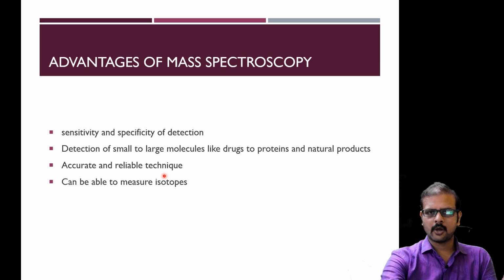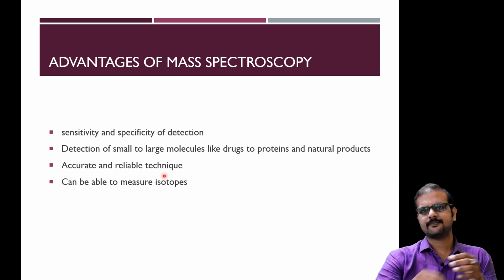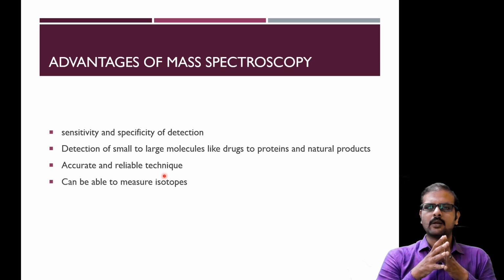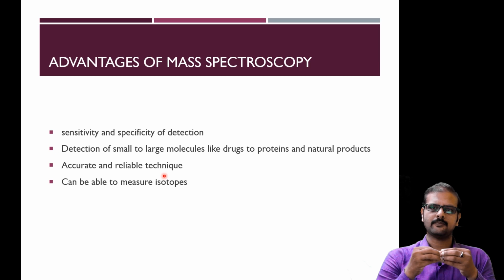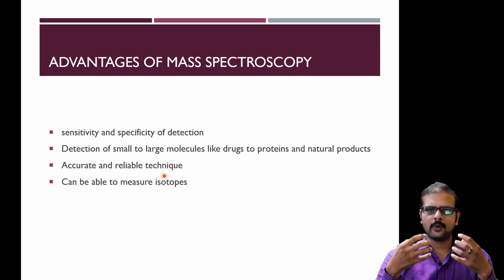That means the molecular weight can never be changed. We cannot change the molecular weight of a molecule. Therefore, if the molecular weight exactly matches the molecule, then we can predict the molecular structure of the molecule. That is a very accurate way of predicting the molecular weight.